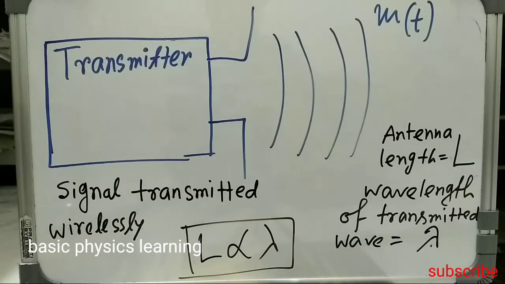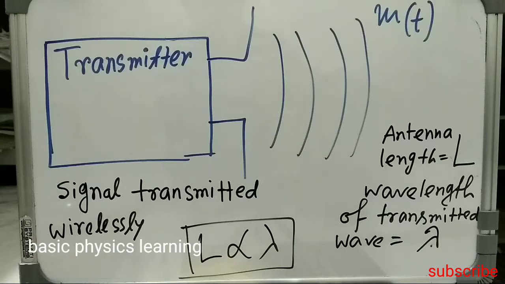To transmit the baseband signal far away from the transmitter, there are some real difficulties. The baseband signal cannot be transmitted directly, but with the help of a carrier signal, which is high frequency.